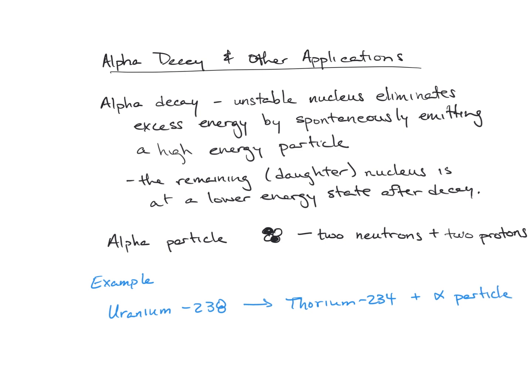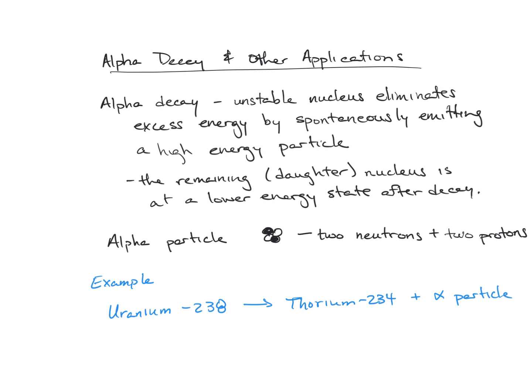So the 238 and 234 are just how many nucleons, protons and neutrons, are in the nucleus of these 2 things. So thorium is our daughter nucleus from that uranium alpha decay.